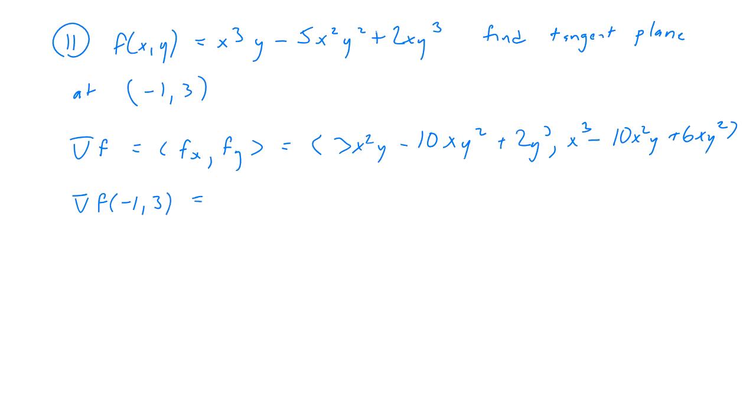Plug in the value. I think this is annoying. So it'll be minus 90 plus 54. Oh, plus.